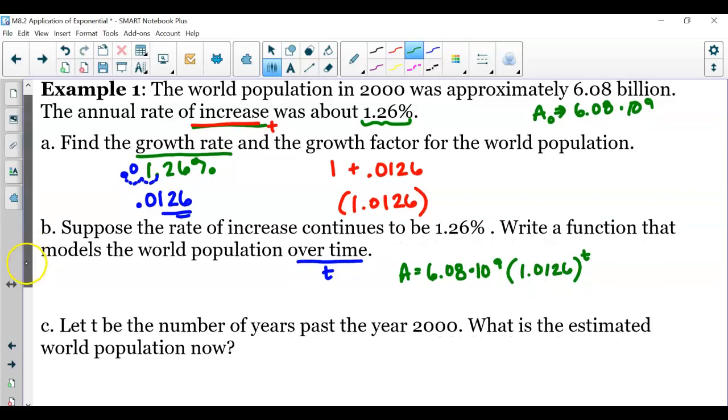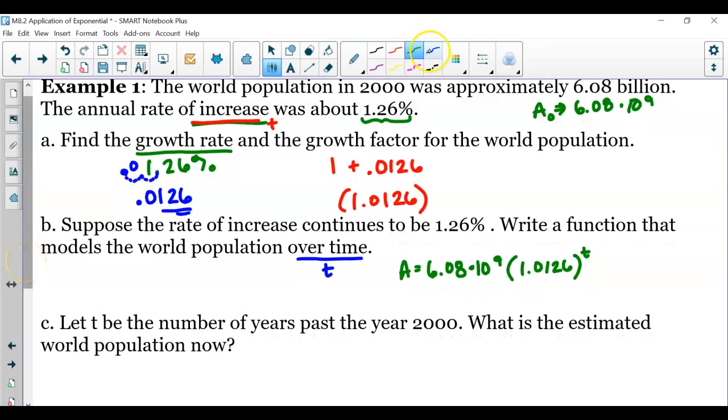Now let's go to part C so that you can see how we're going to solve these. Now we're going to let T be the number of years past the year 2000. So if we're in the year 2023, what is our T? Our T is going to be 23. Now we can estimate the population.